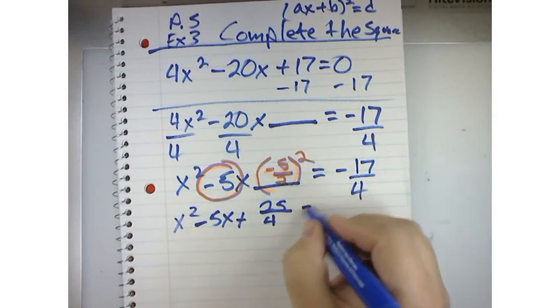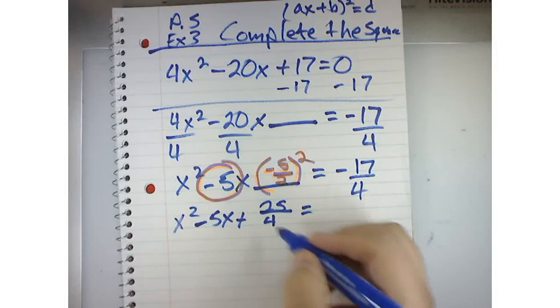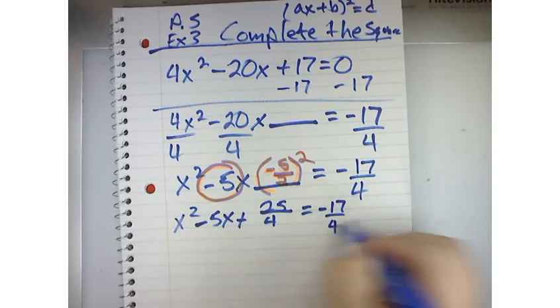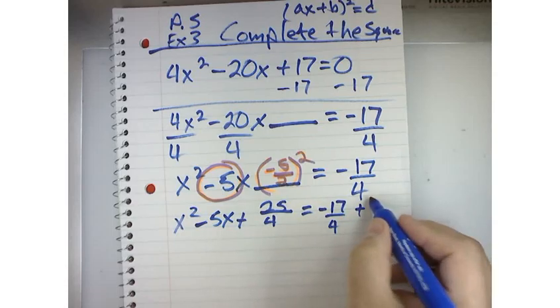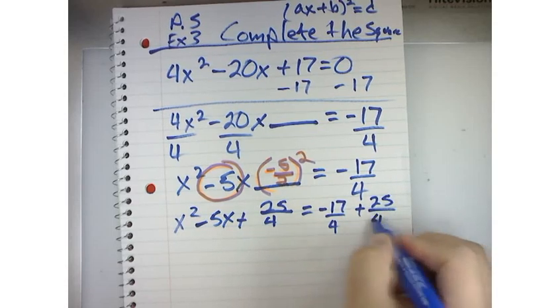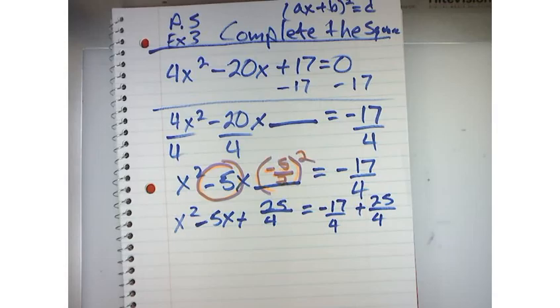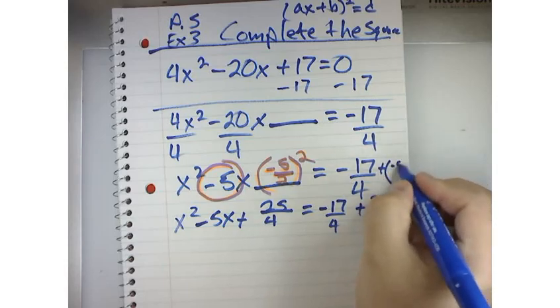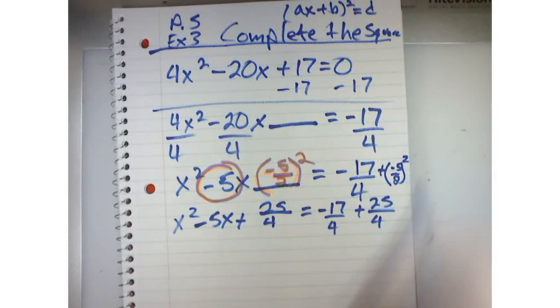So I had to add 25 over 4 on this side. I can do that as long as I do it on the other side as well. That's a legal move. Whatever we do on one side, we have to do on the other side.